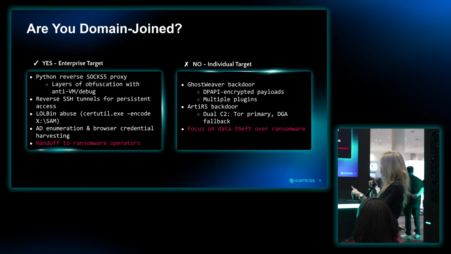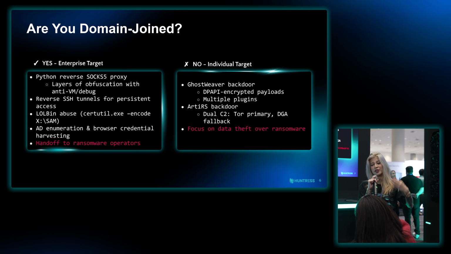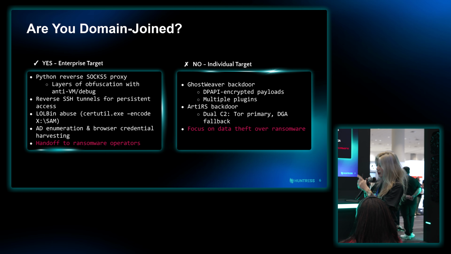The secondary channel is a domain generation algorithm. They generate about 10 domains per execution, using several words from 52 hard-coded words in the RTRS backdoor. And this one, they're going to focus on data theft, right? To pass it over to other threat actors other than the ransomware threat actors.